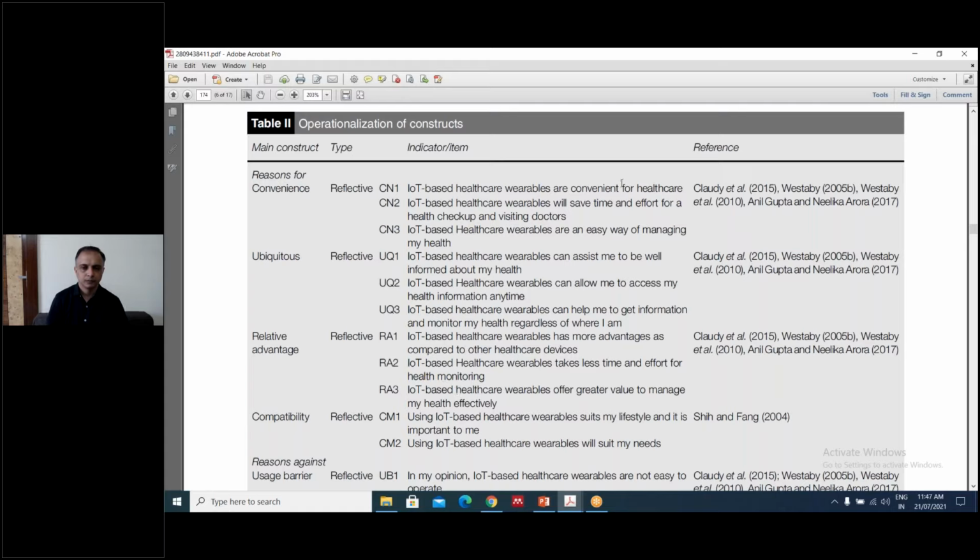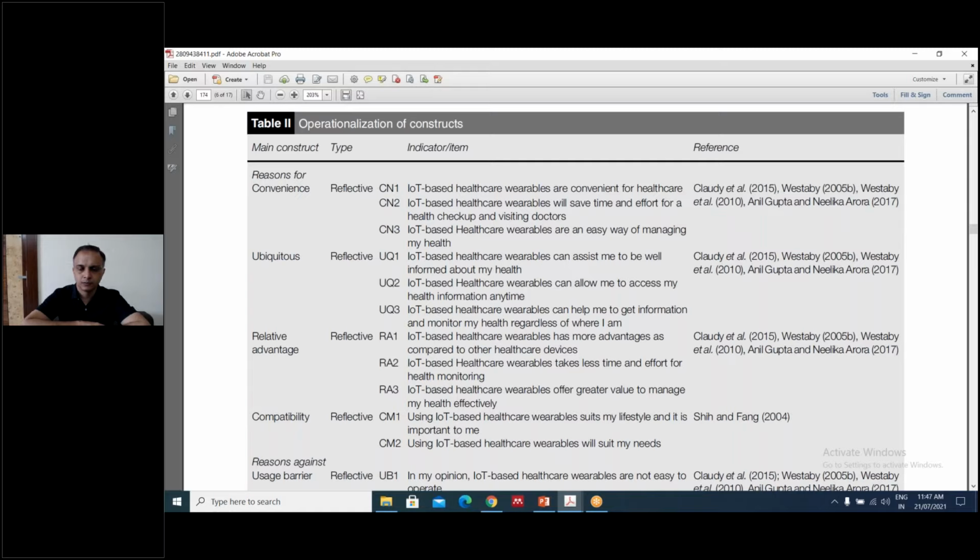They are all reflective, and these are the indicators. As you must have understood from the SLR, these are the two seminal articles, and I have also taken some from the Gupta Arora study, as at that point of time there were very few studies. So from there, these items have been operationalized, adapted, and the references have been given.